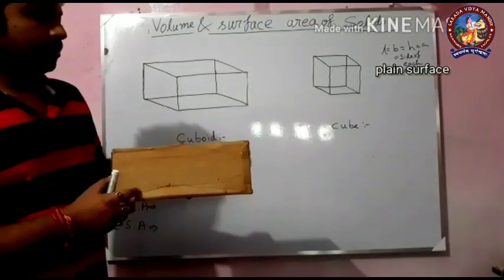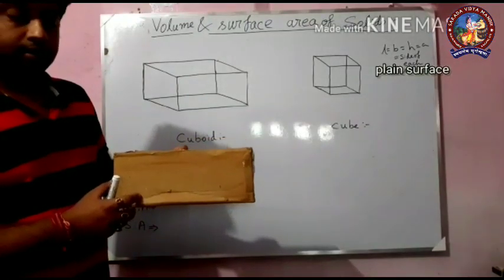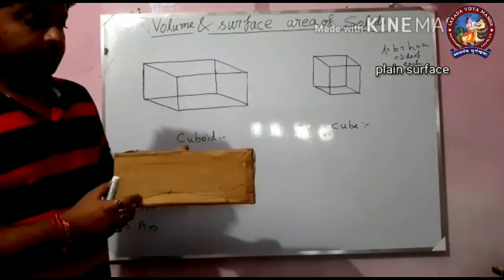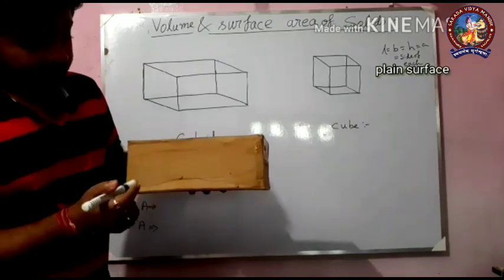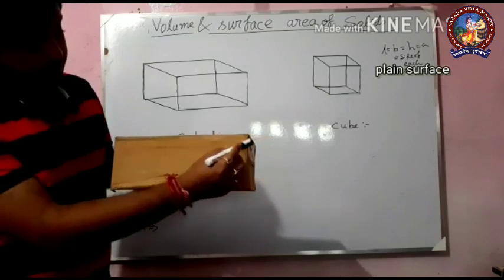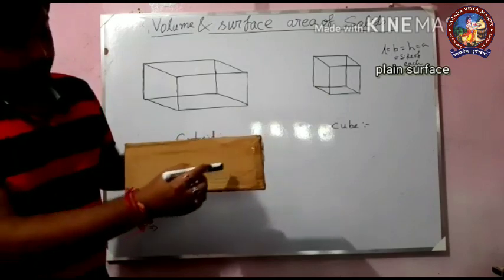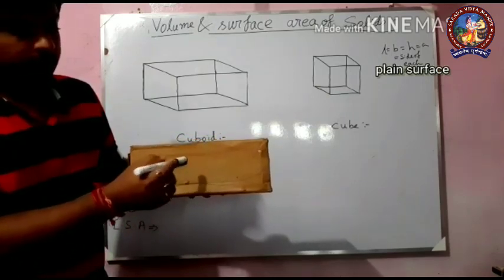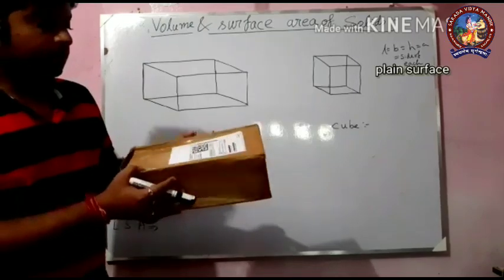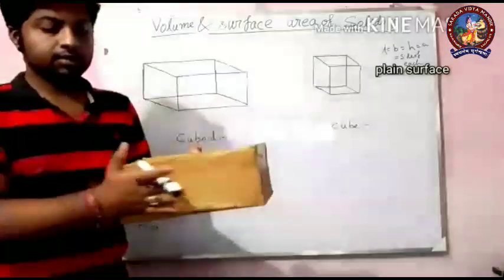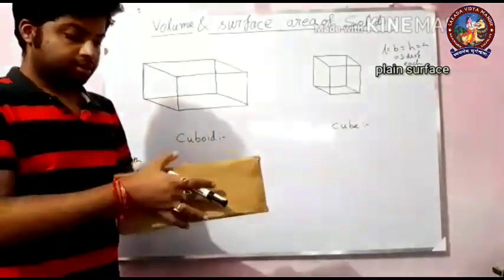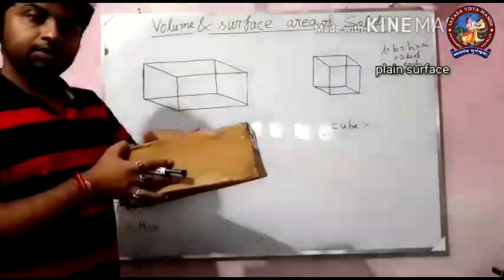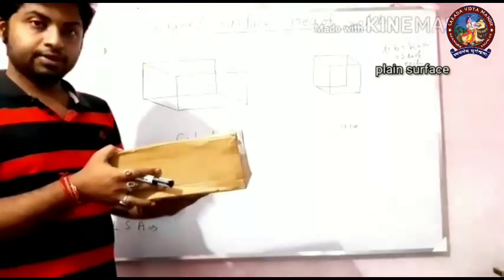Now suppose I am going to calculate its area. For that we must observe here, this surface is the front surface. This is actually similar to the back surface. The front one and the back one are the same. The top surface and the bottom surface are the same, right?